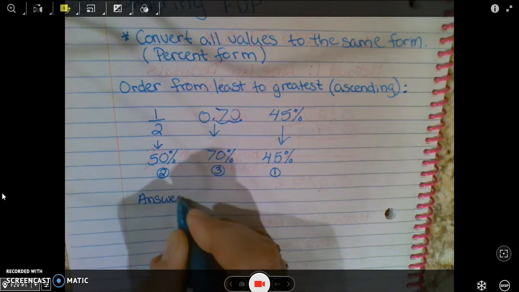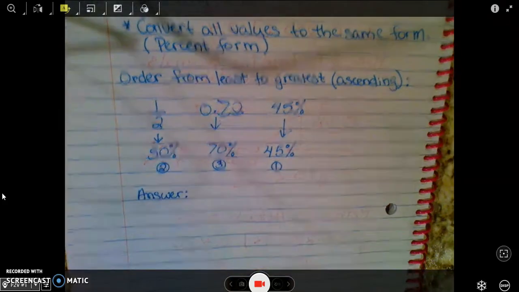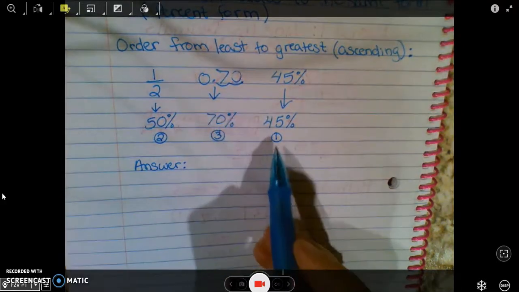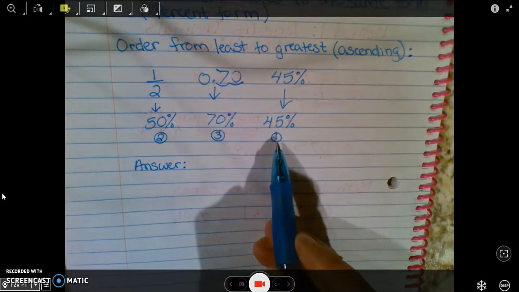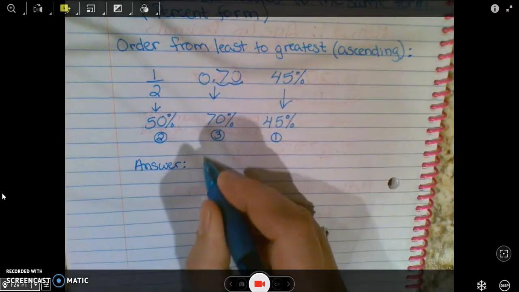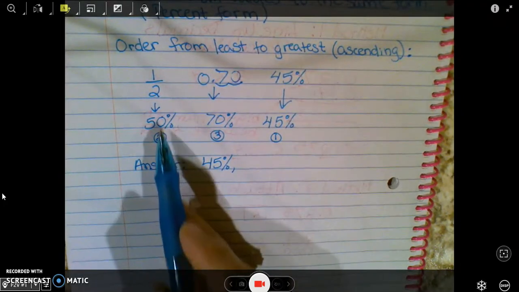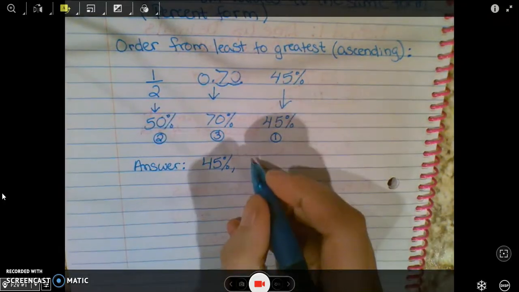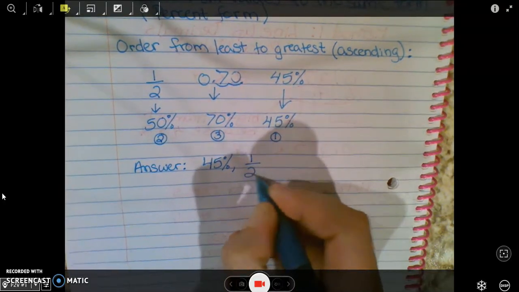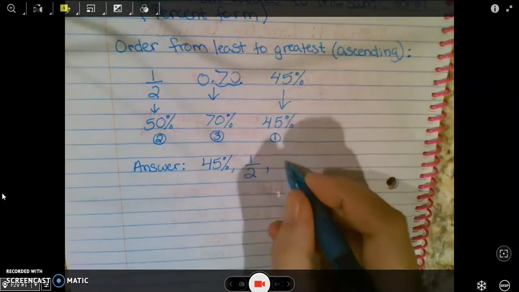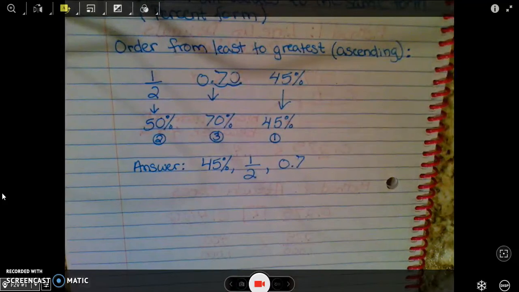And when I write my answer, just like when we were working with integers, I want to put my answer in the original form. So 45% was the smallest value, listed first. That originally was 45%. My second value was 50%, but its original form was 1/2. And then my biggest value was 70%. Its original form was 0.7.